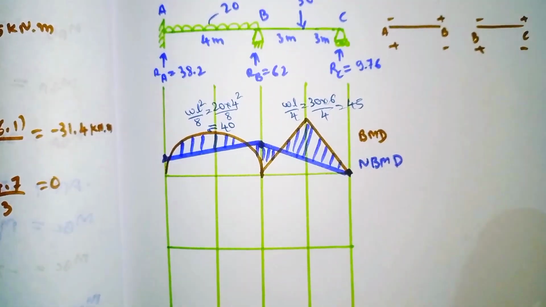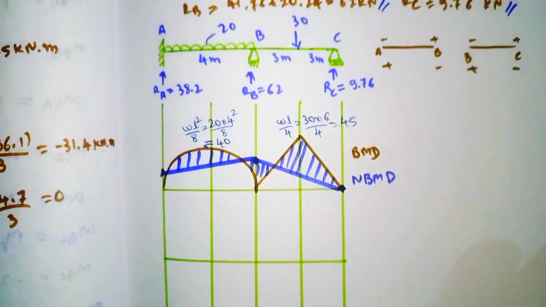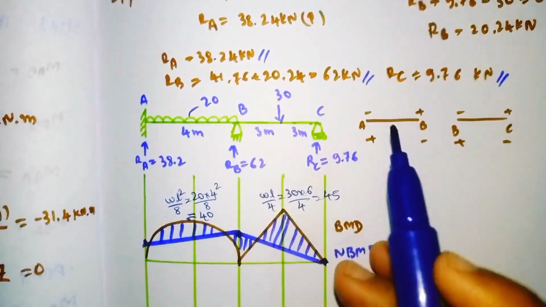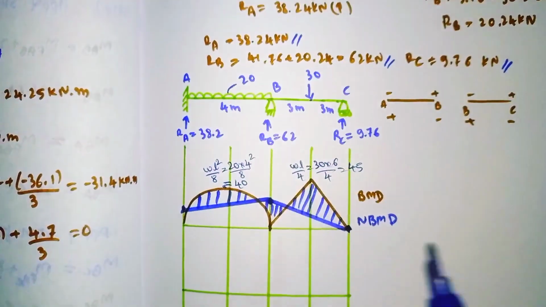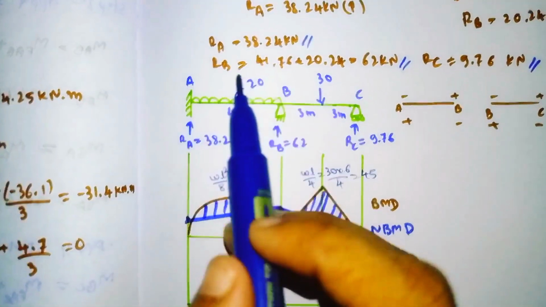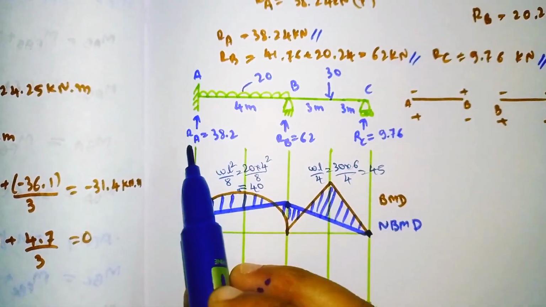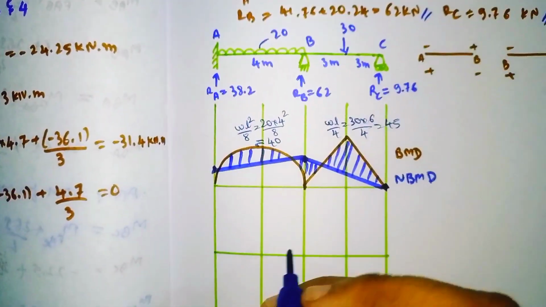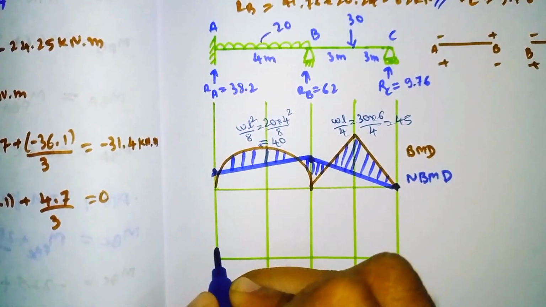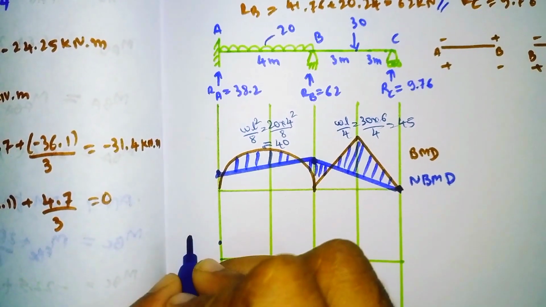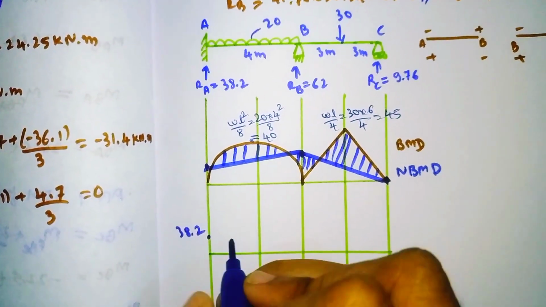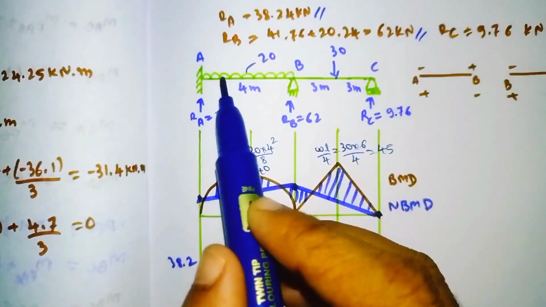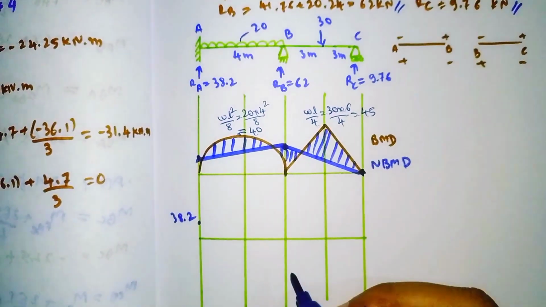Now we'll go for the shear force diagram. Using these final reaction values, we'll draw the shear force diagram. See, RA is 38.2, so it comes here. From here to here, when UDL is there, it comes below.